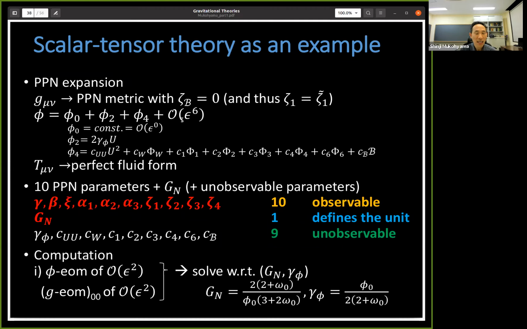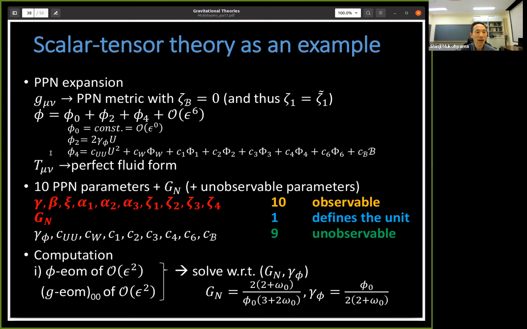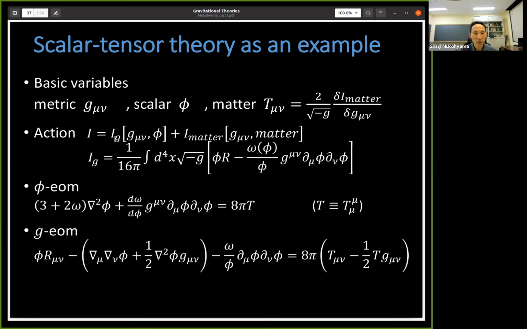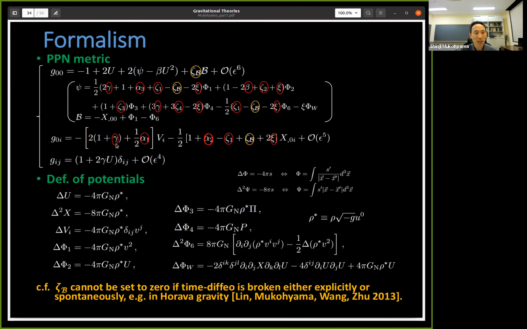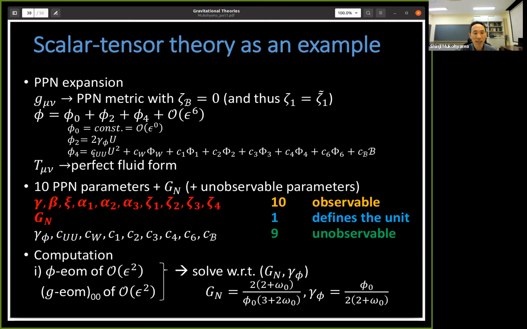And we also need to solve the equation of motion, especially the one for phi, so we need to expand the scalar field in this way, with orders epsilon, second order in epsilon, fourth order in epsilon, and higher. We expand each part by the potentials that I introduced here, similar to this expansion. We consider these coefficients as free constants that are determined by the equations of motion.